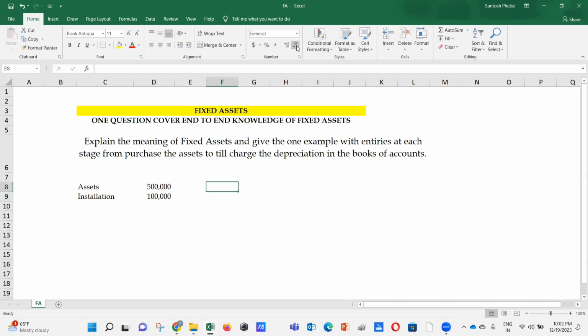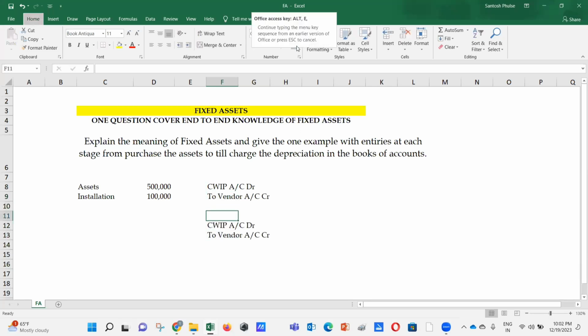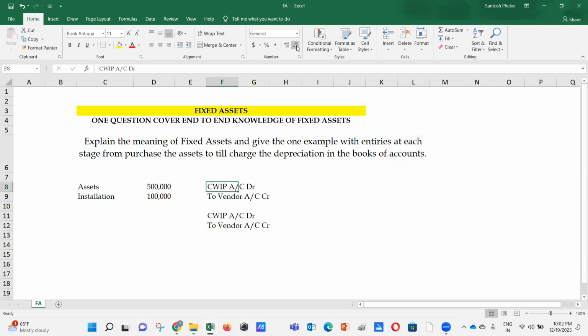So the entry is going to be: first your CWIP account debit to your vendor account credit. Again, your CWIP account is debit to your vendor account credit.